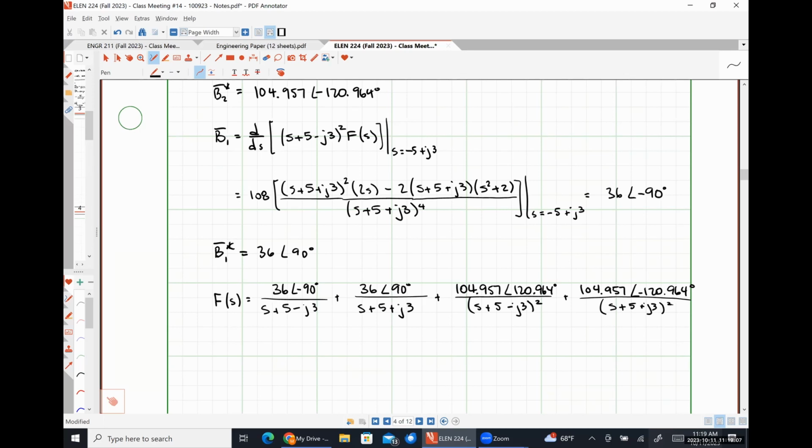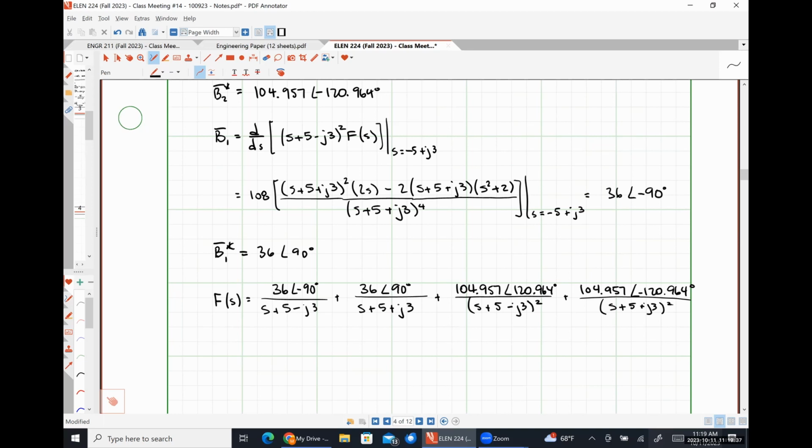So, technically, we already know how to do the inverse Laplace transform of these first two terms. That's the last thing we did, right? So we can very easily see that this is just 36 times e to the j negative 90 degrees over here, e to the j positive 90 degrees over here. And then we have those complex roots.